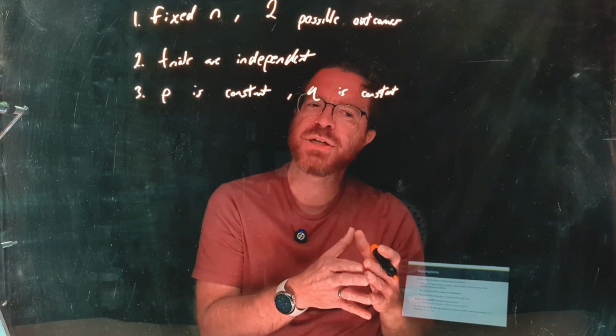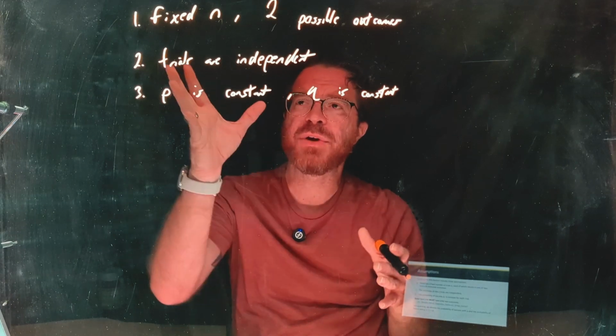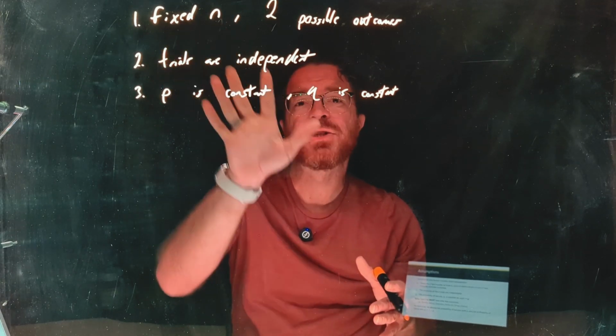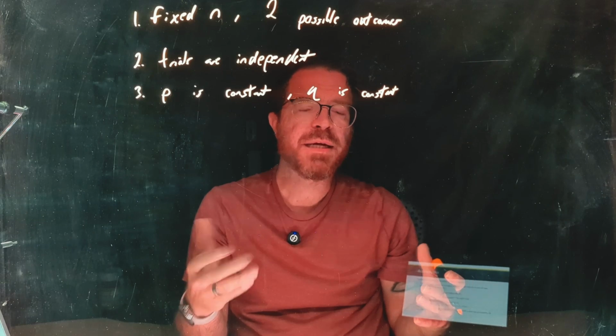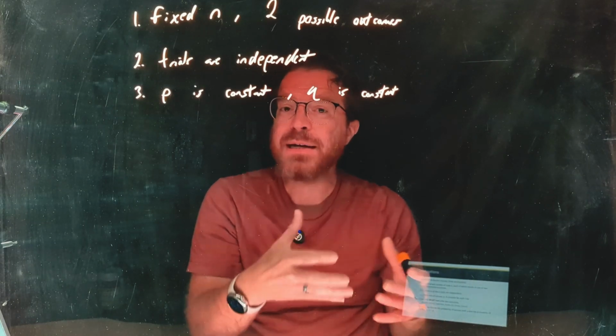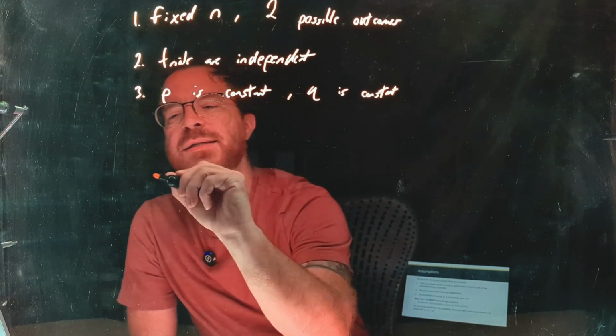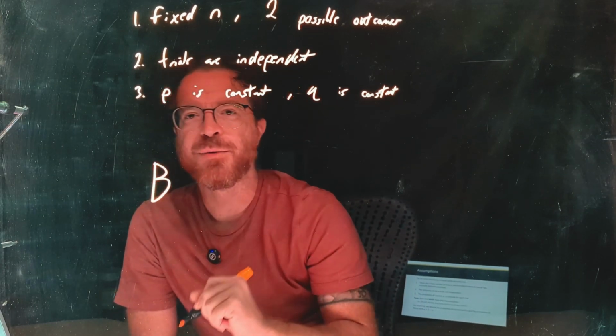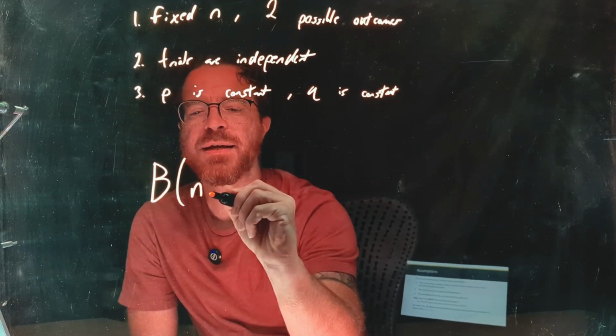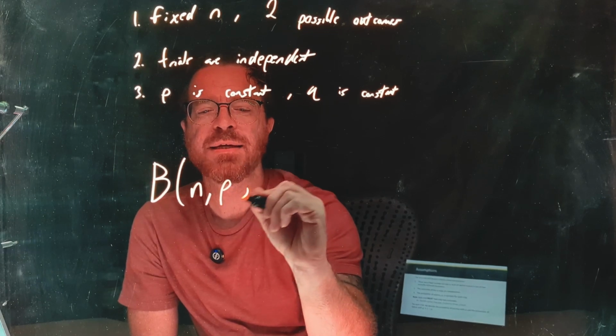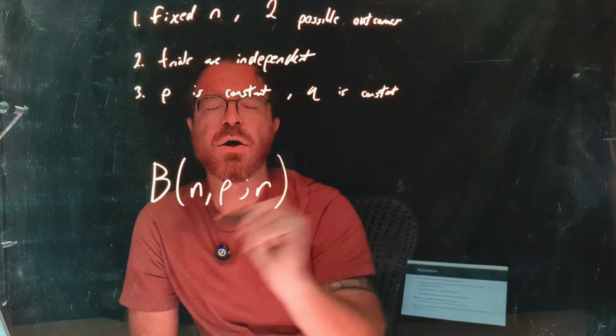Now, remember how I mentioned that the different number of n would actually be a different binomial probability? This is actually why when we write a binomial, which you won't write it this way, but this is how we write it, it's capital B for binomial, n, comma, P, semicolon, R.